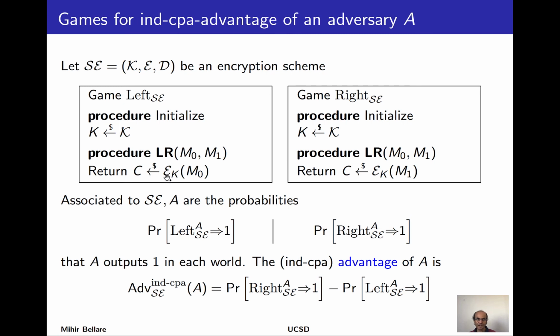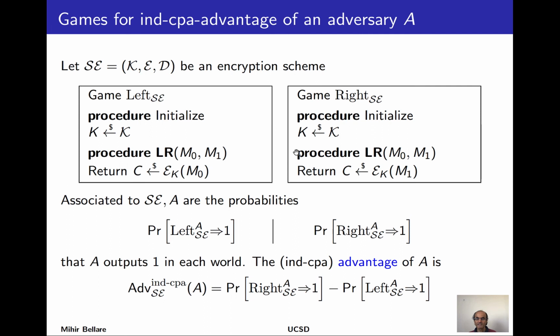Since encryption is randomized, potentially it will make internal random choices. And it will return a ciphertext C, and that ciphertext is given back to the adversary. The adversary can call this oracle many times, as often as it wants, each time with a pair of messages, which are required to have the same length to reflect that we don't hide length.